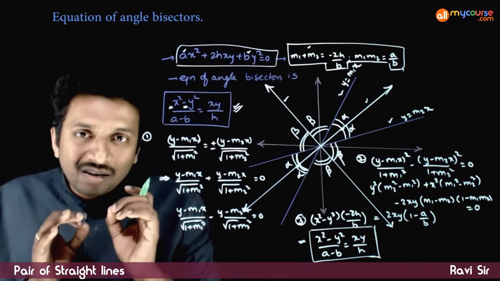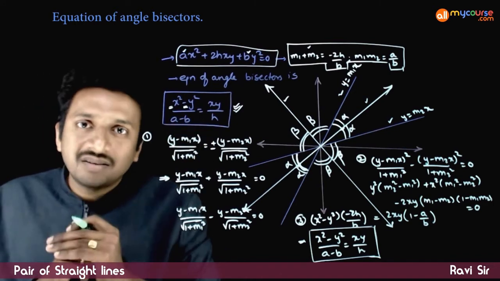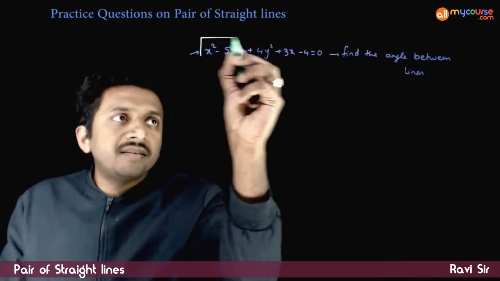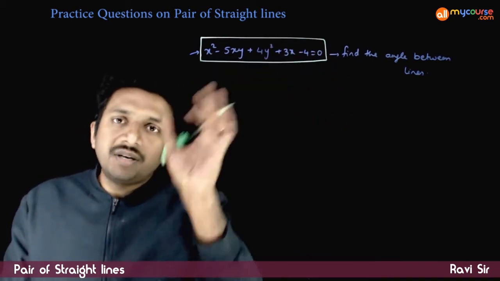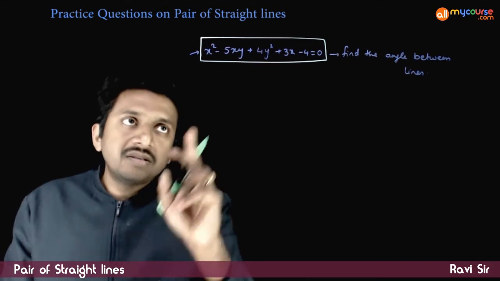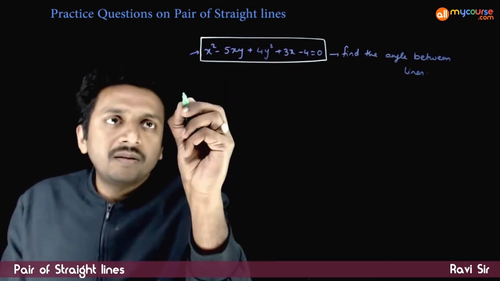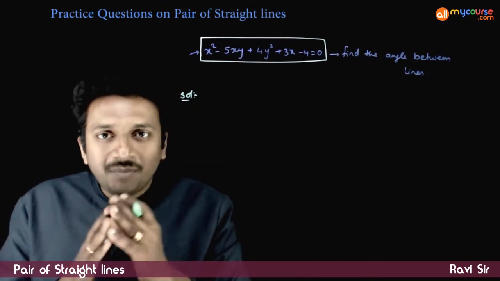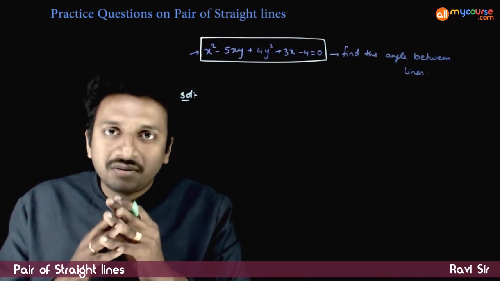So let us look at a very simple question to see how we can apply this formula. In this question, you are asked to find the angle between the pair of lines represented by this equation. As you can see, this is a non-homogeneous equation. We have already derived how to find the angle between the pair of lines for a homogeneous equation.